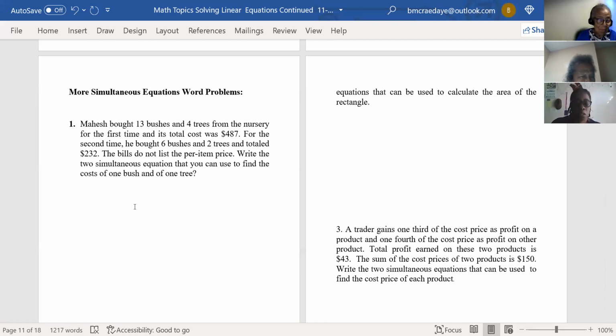Any answers? Number 1? You got bushes and trees. So first thing you're gonna let some variable equal bushes and some variable equal trees.